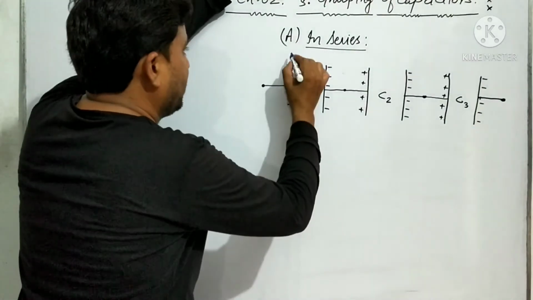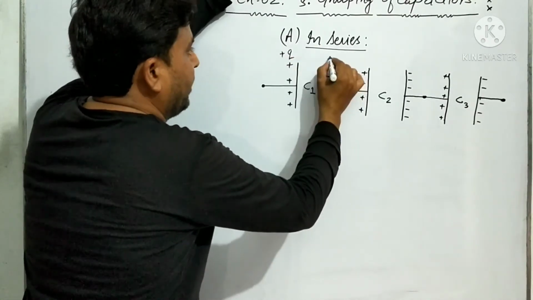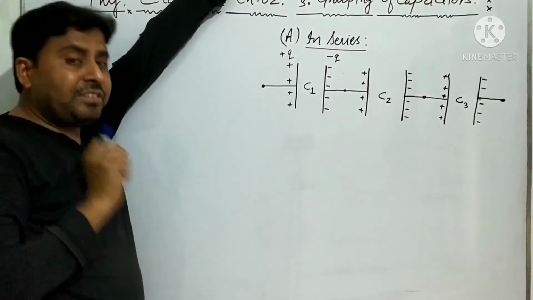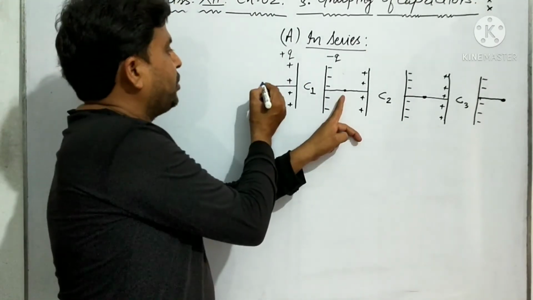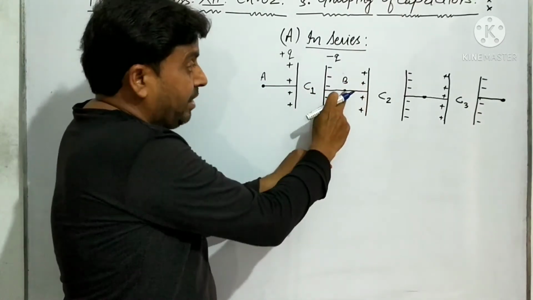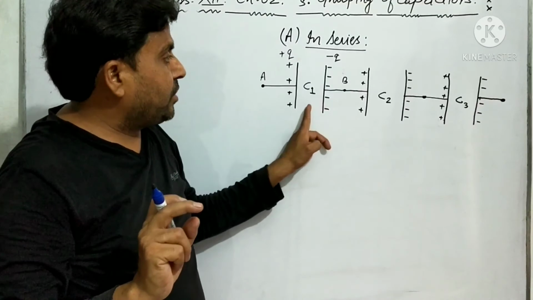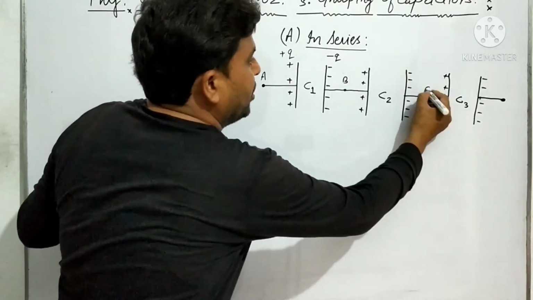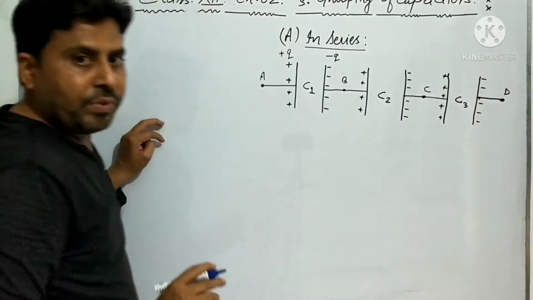First has charge Q plus, second plate has charge Q but minus. In a series combination, if they are connected by, this is terminal A, terminal B, at the B terminal both capacitors are connected, C1 and C2. Here is C and this terminal is said to be D. Clear?